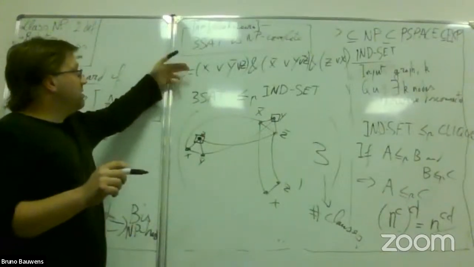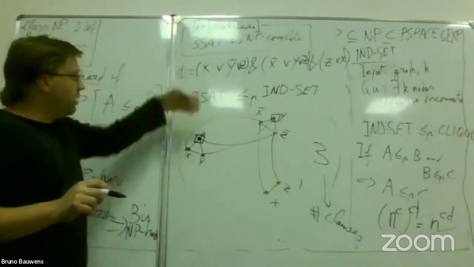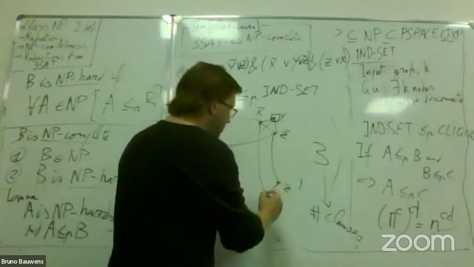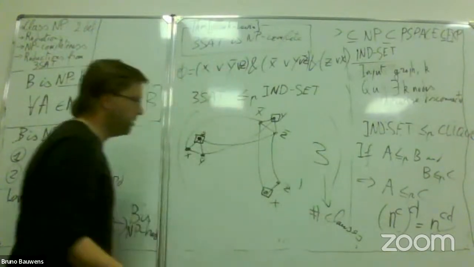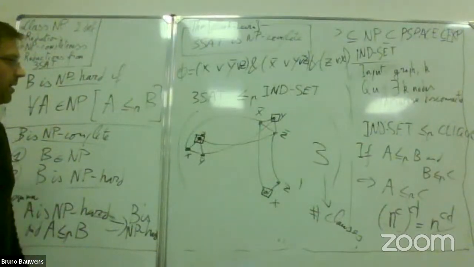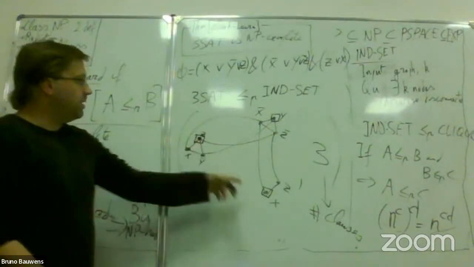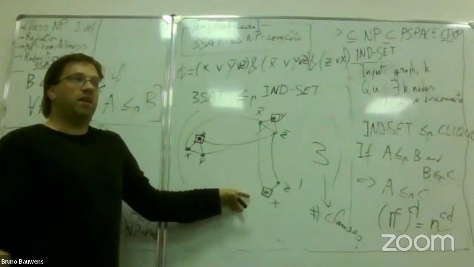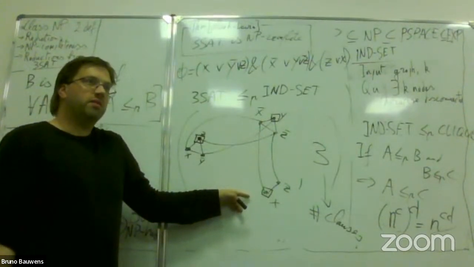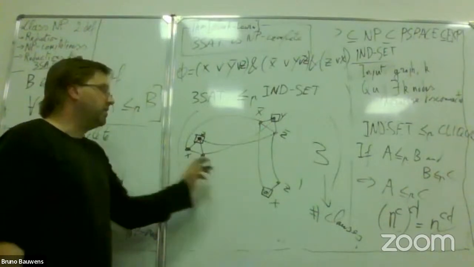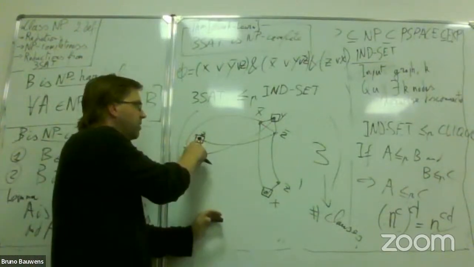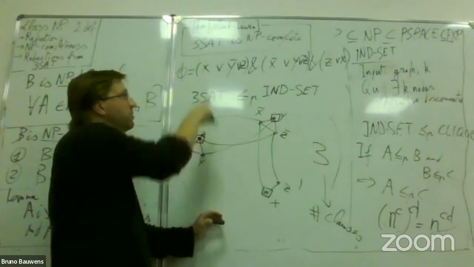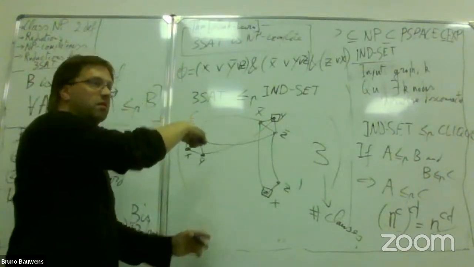So given this assignment, we can find the independent set: just pick a literal that's true, and in our case, we just pick the positive one. Now I claim that this is an independent set, because in an assignment we never have two opposite literals, so they cannot be connected by an edge, and in each clause we chose one literal. So here we have the reduction.